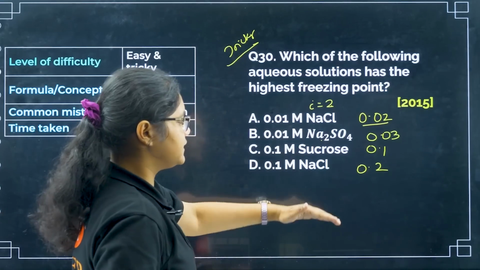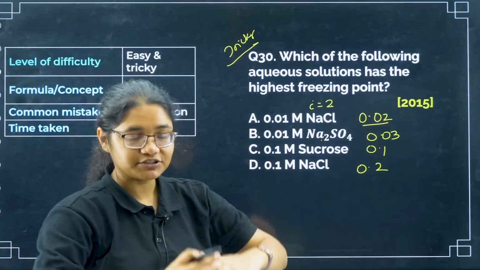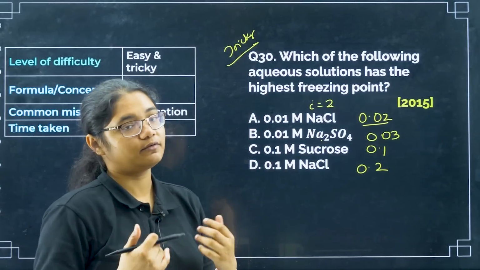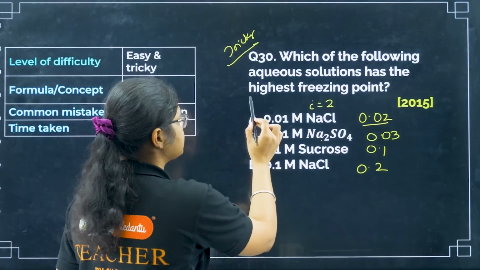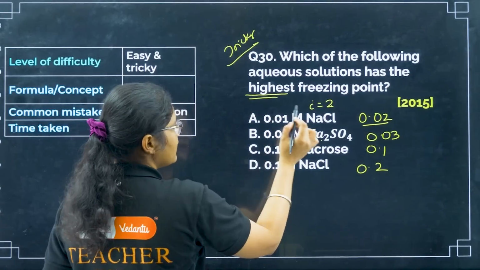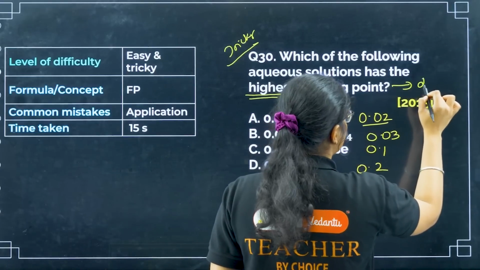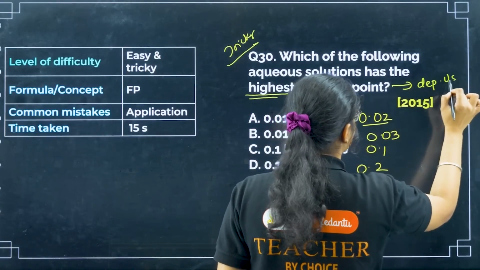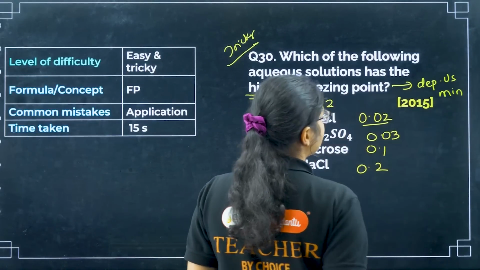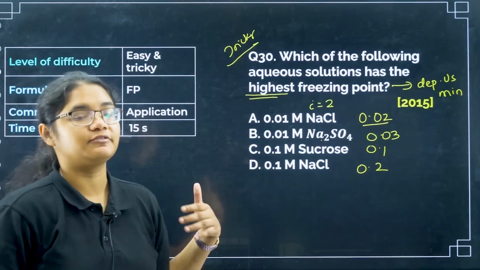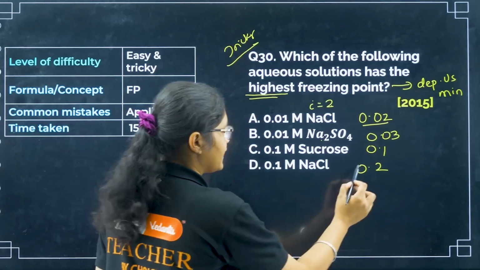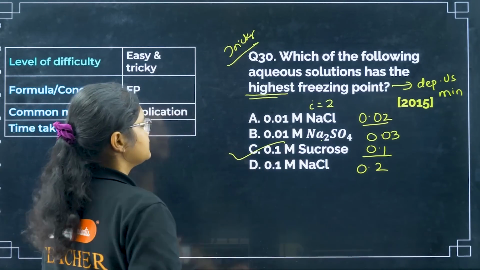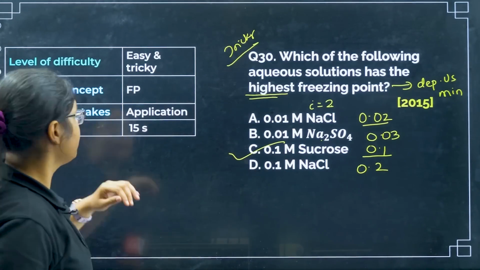If the depression is maximum, then the freezing point will be lowest. But the question is asking about the highest freezing point, so you have to find the solution where the depression is minimum. If depression is minimum, then the freezing point will be highest, and here the depression is minimum, so option number C.